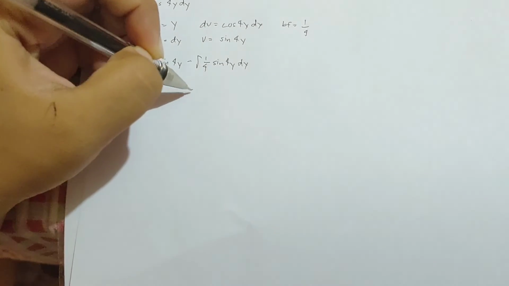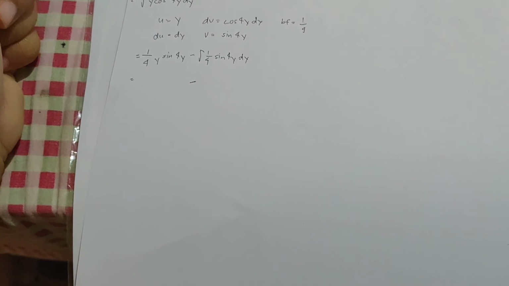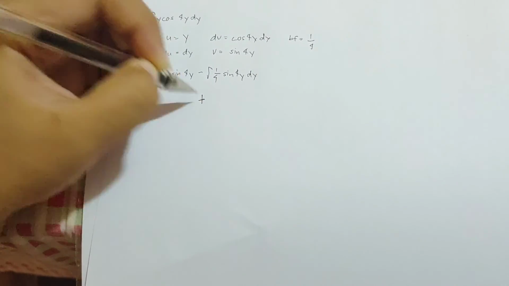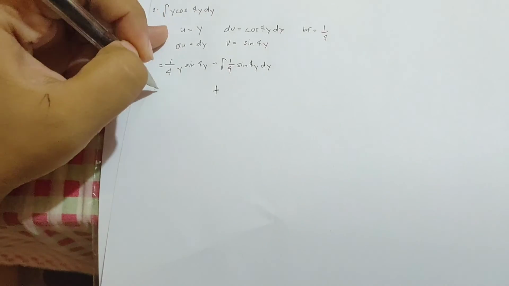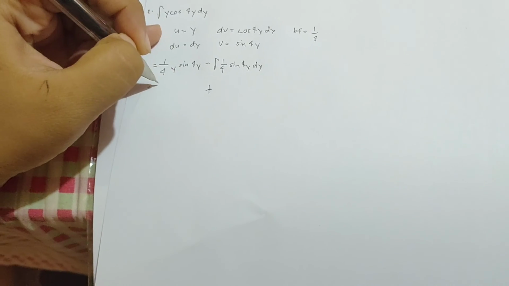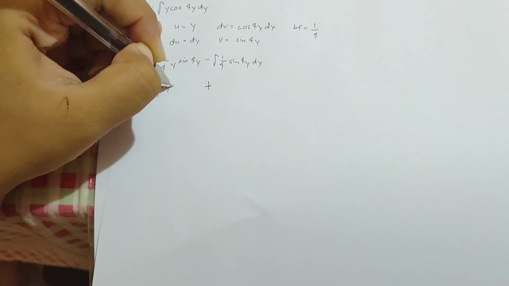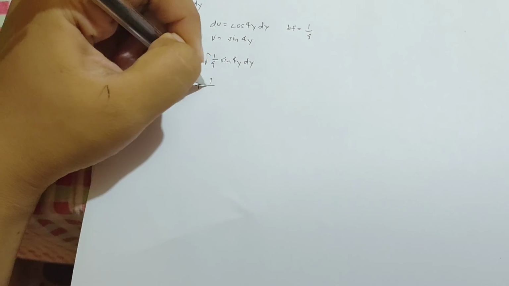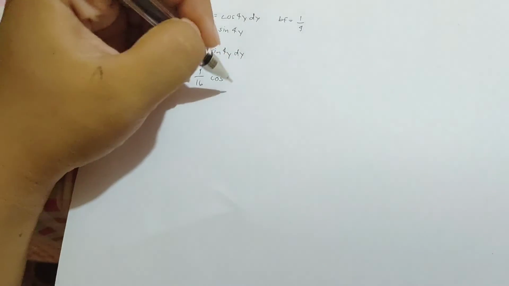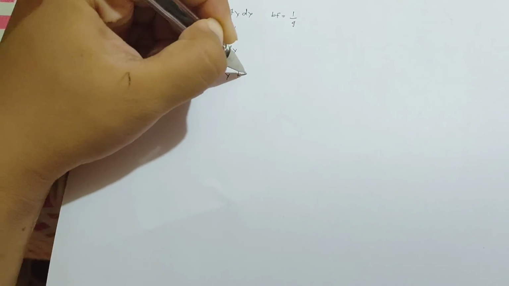After this, we'll just integrate this part, so our final answer is 1/4 y sine 4y plus 1 all over 16 cosine 4y plus c. And that is our final answer.